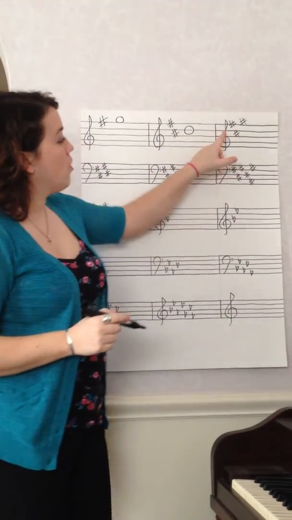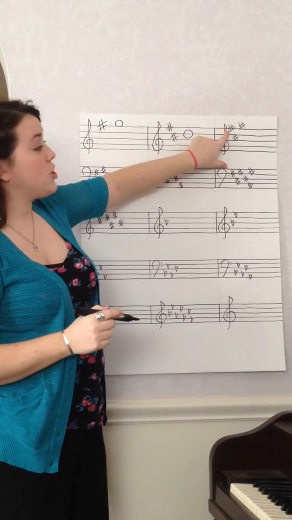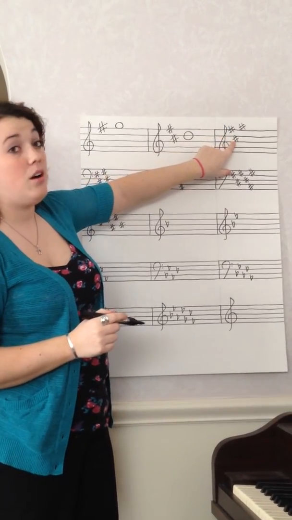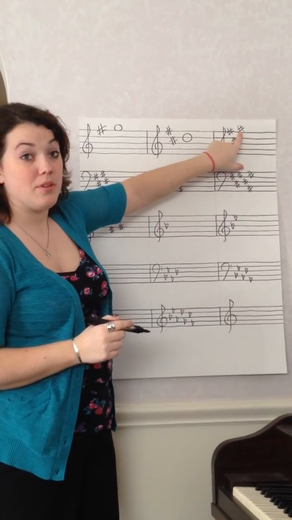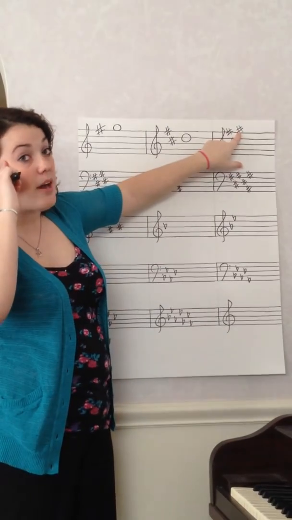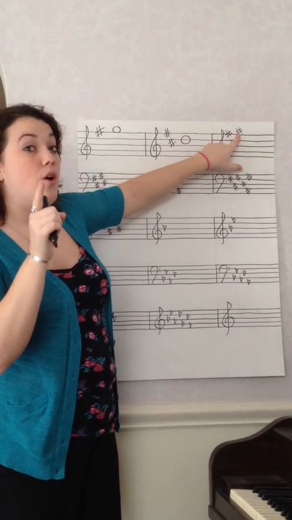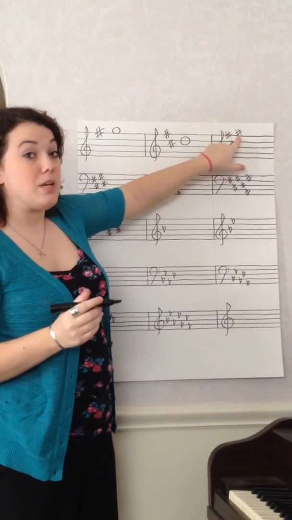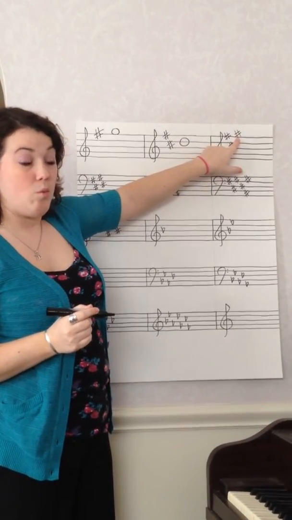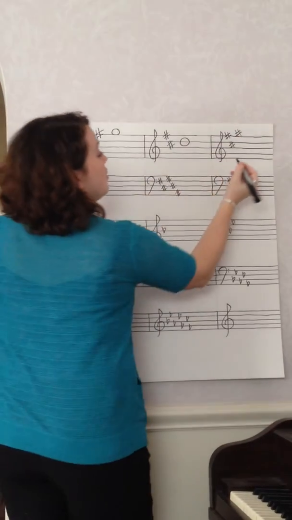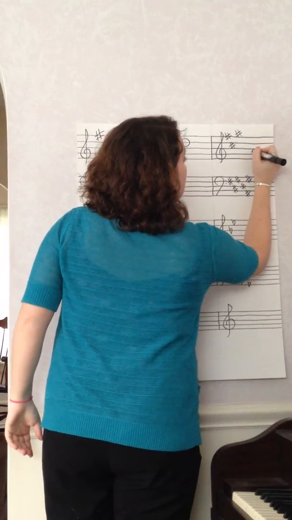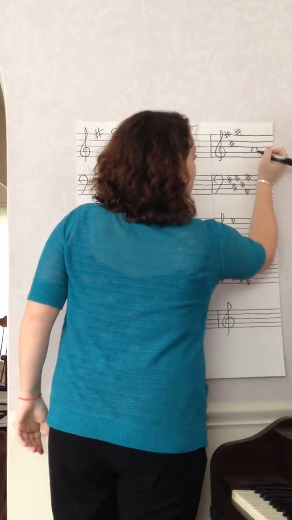Next, we keep our F sharp and we keep our C sharp and we add a G sharp. So thinking in that pattern of T do with a G sharp as T, what should our key be? A? A major. Good.